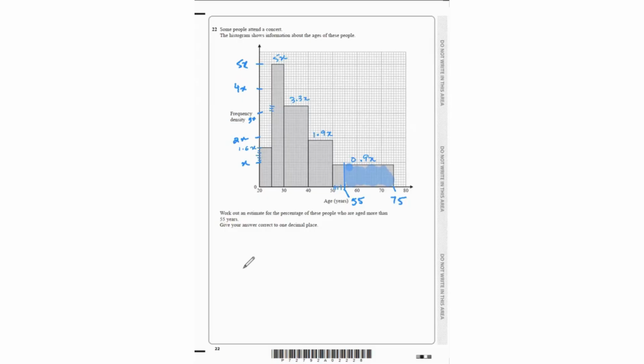So let's first begin with finding the total frequency. We're going to find the frequency for each bar and add it up. So total frequency: 1.6x times 5, because this is 25, plus 5x times 5, plus 3.3x times 10, plus 1.9x times 10, and then plus 50 to 75, that's 25 times 0.9x.